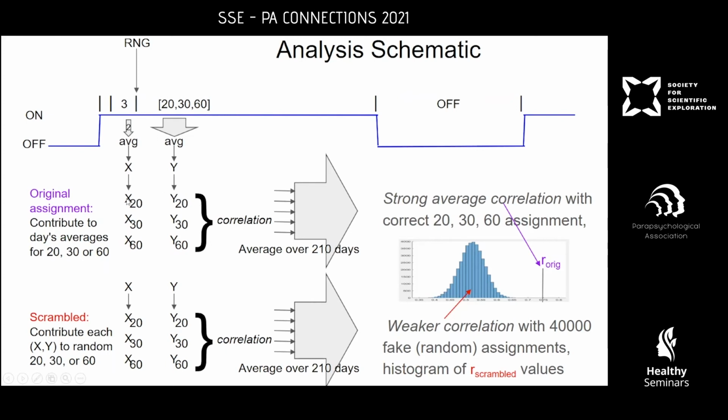That forms this X20, Y20 pair. Same way for the 30s, same way for the 60s. So we have 3 XY pairs, and we do a correlation, and we get the rho value, or we're just calling it R here. And that R value then gets averaged over all 210 days. So we get 1 R value for each day, and then we average those 210 R values.